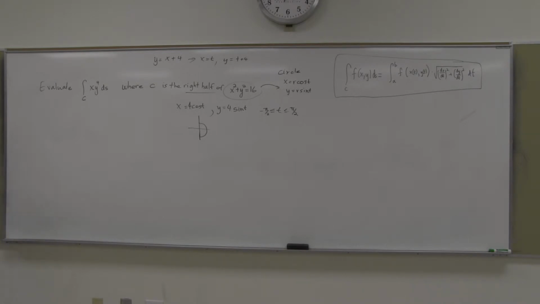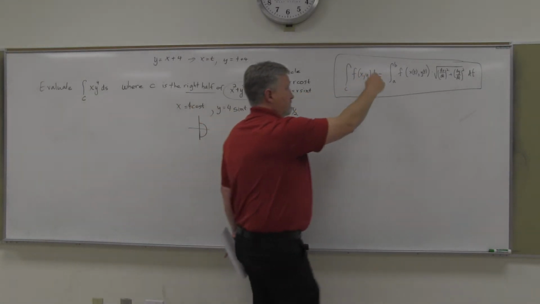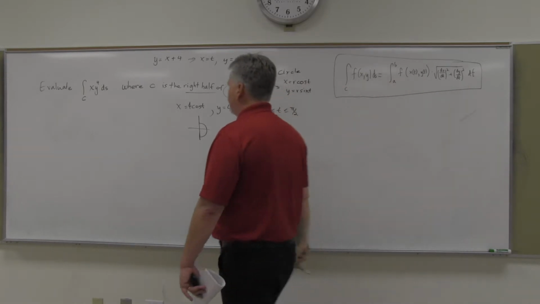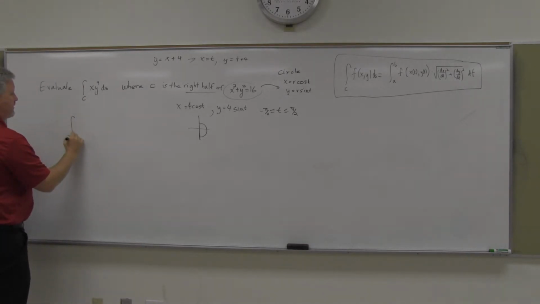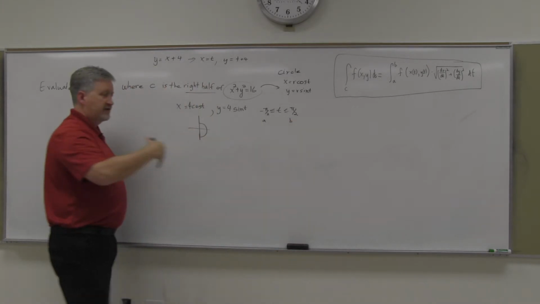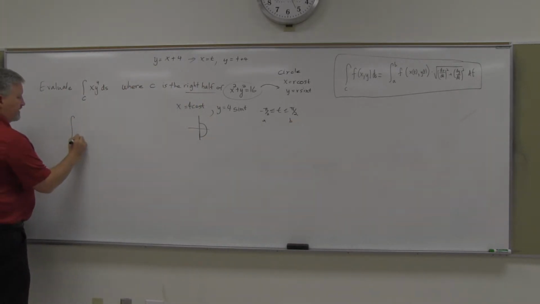All right. Now, what this basically says is I parameterize my C, and so now this again gives me my a and b, so t is my parameter, and that's what I need my values to range from.